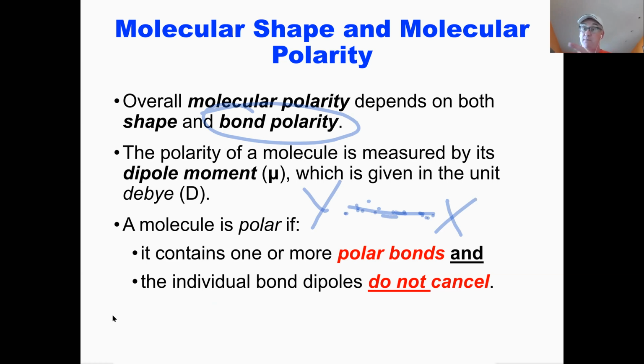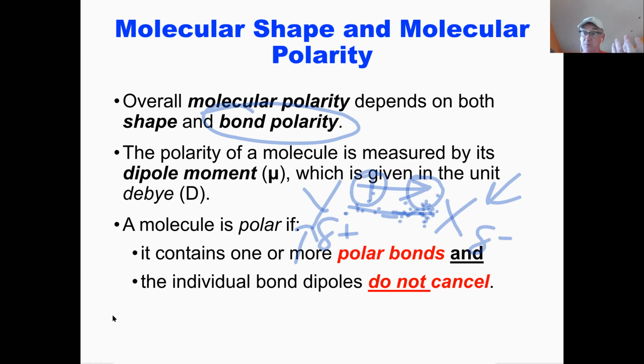Now, if X is more electronegative than Y, it pulls that density towards X and away from Y. And so we have slightly more electron density here than we do there. And then we draw an arrow like that showing which side is slightly positive and which side is slightly negative. So the Y would be slightly positive because there's slightly less electron density there, and X is slightly negative because there's more electron density there. So that's a polar bond.